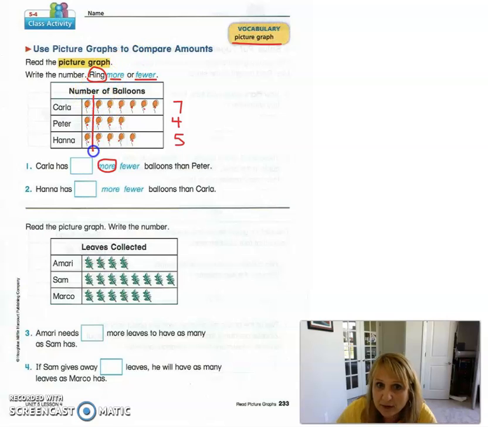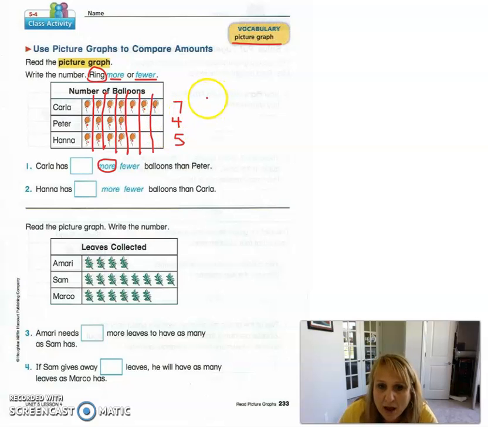So I'm going to draw a line all the way down between the balloons because that's going to make it easier for me to count how many more or how many fewer balloons. And I'm going to keep going all the way down for the one that has the most.